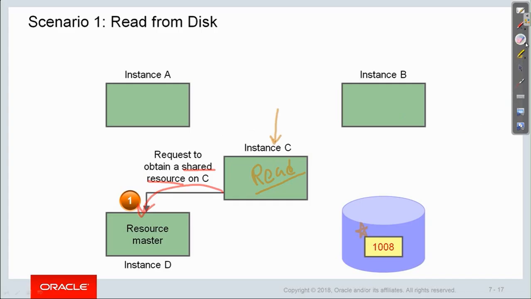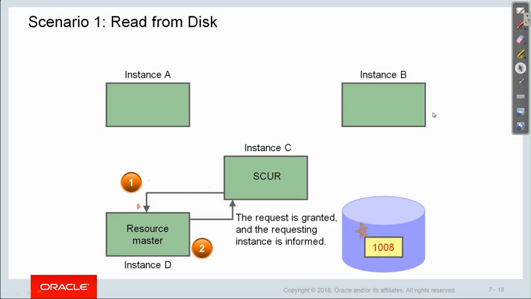The master instance will receive the metadata. After receiving it, instance D will check the current location. According to this, the current location is disk.